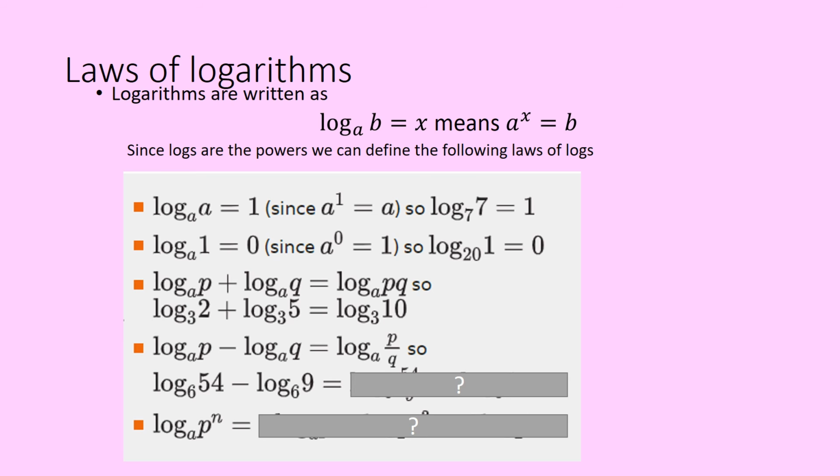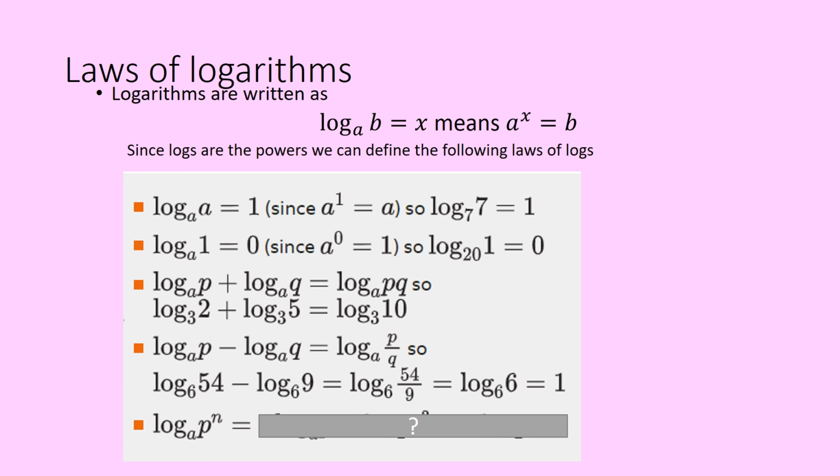Well, it would be log base 6 of 54 divided by 9, which is log base 6 of 6, because 54 divided by 9 is 6. Now, if we think back, log base 6 of 6, what do we raise 6 to get 6? It's 1. Any time you've got the base and those two 6's being the same, it's 1, because anything raised to the power of 1 is itself.